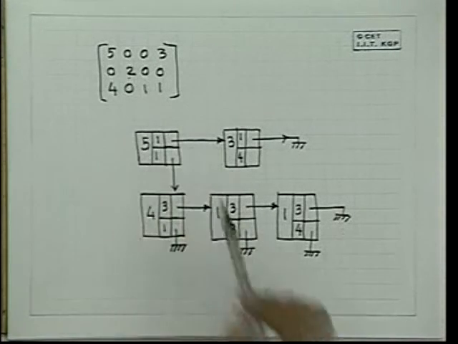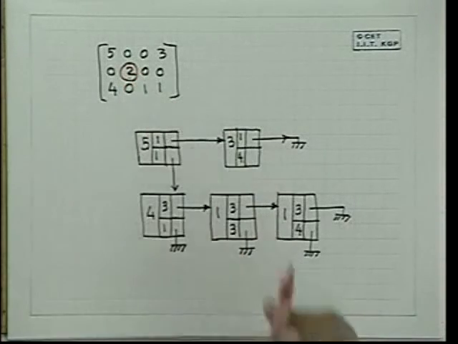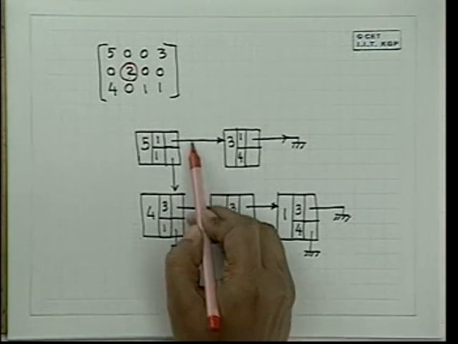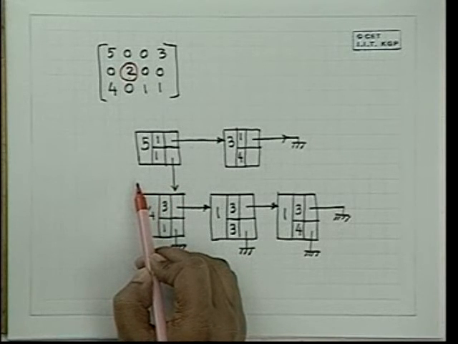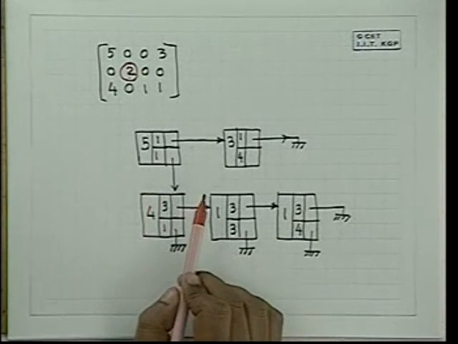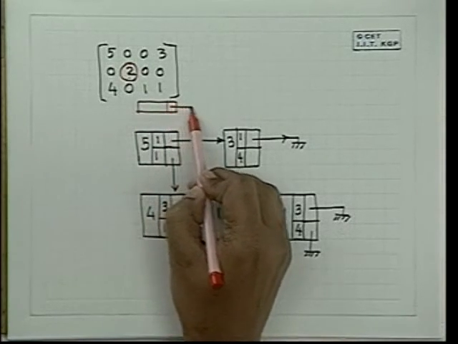What about this element? Poor fellow is left out. Why is it left out? Because there is no element 2 here and there is no element here. In order to solve this problem, we will have header pointers.